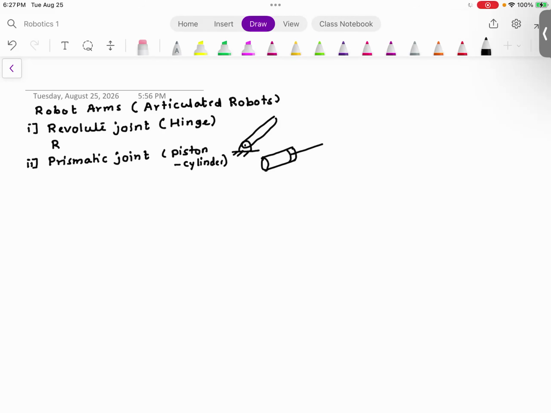So this kind of reciprocates forward and backward. If you look at the revolute joint, it rotates. So you have the angular displacement, and then you have the linear displacement.